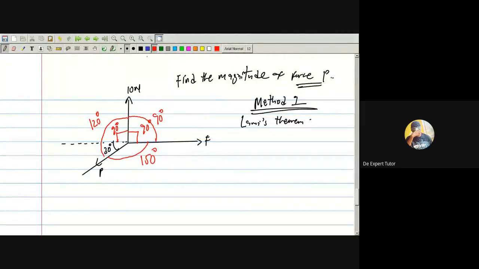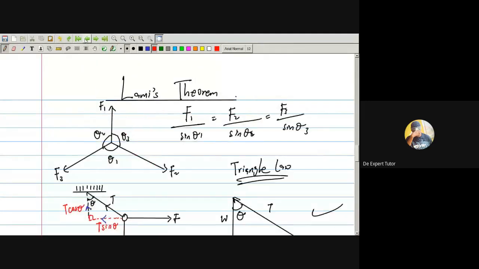Now, according to Lamy's theorem, I will pick a force over the sine of the angle that is facing it. I will pick a force F1 divided by sine of the angle facing it, also a force F2 over sine of its facing angle, and a force F3 over sine of its facing angle.